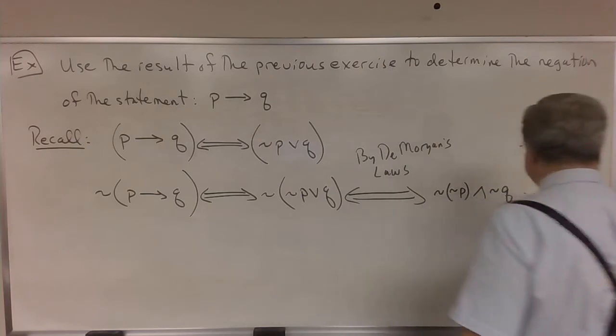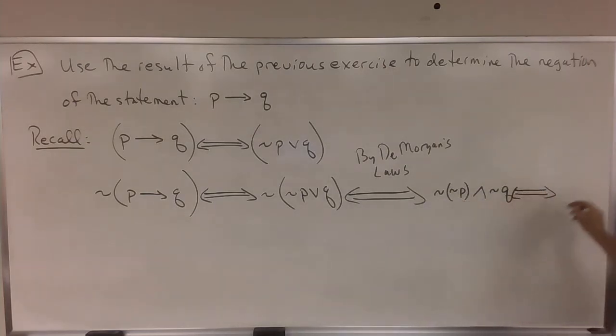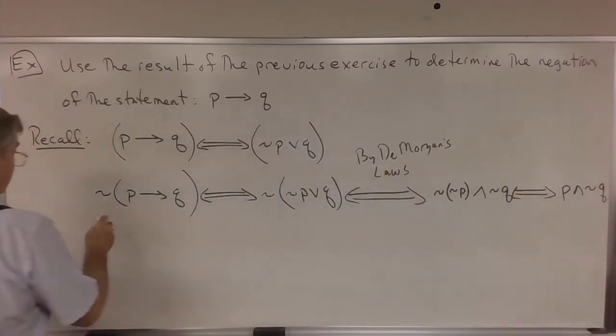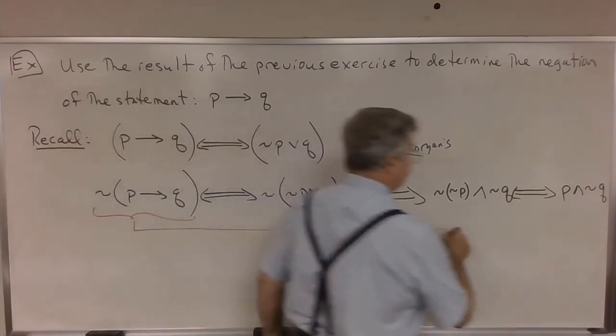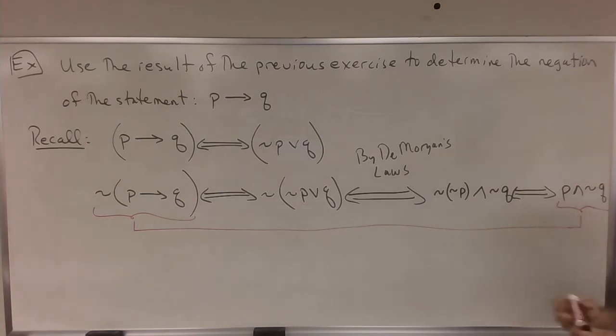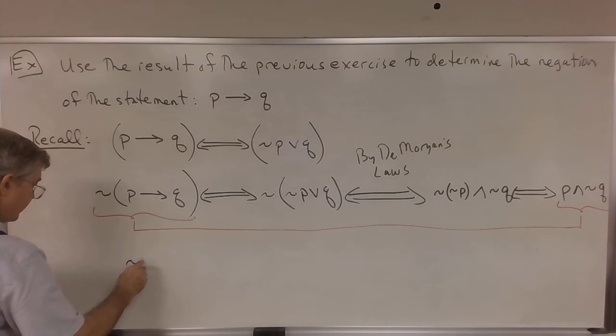So this is logically equivalent to P and not Q. So this thing and this thing are logically equivalent. So here's how we negate an if-then statement.